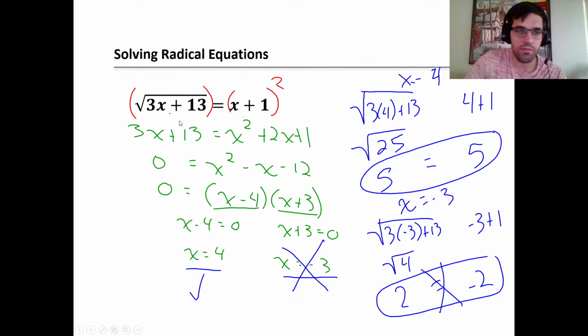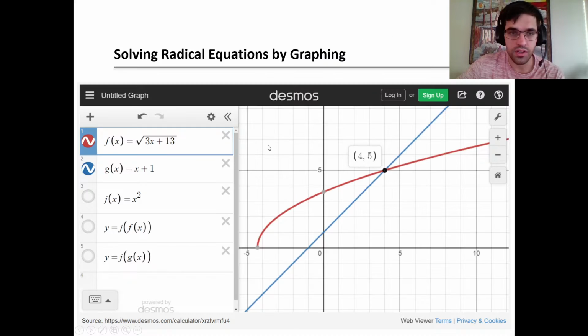So if we were to graph those two expressions as a function, we're basically putting in a new function j of x, which is x squared. If we put f of x into j of x, we're basically squaring this function. If we put g of x into j of x, then we're squaring this function.